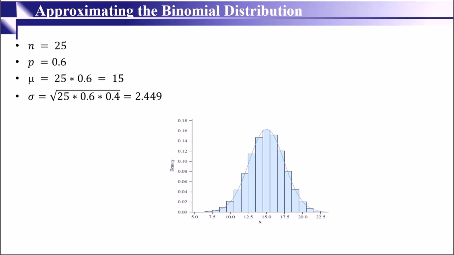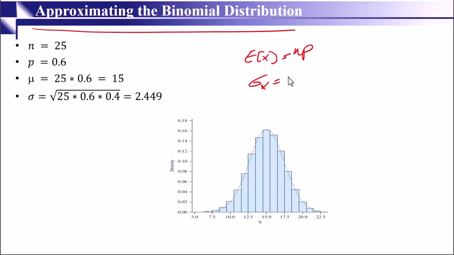Here we explore how the normal distribution approximates the binomial distribution under certain conditions. You remember that the mean value and the standard deviation for the binomial distribution were E of x equal to np, and sigma x equal to the square root of npq, where q was equal to 1 minus p.